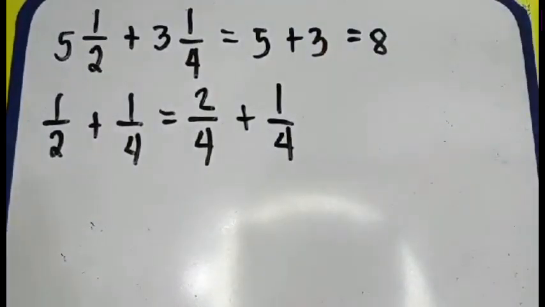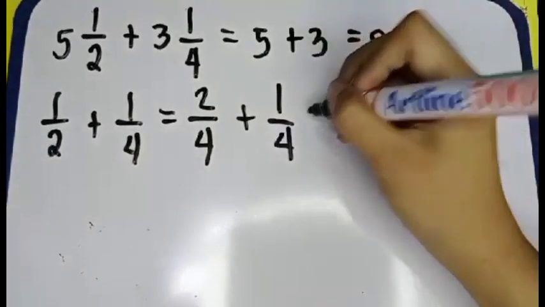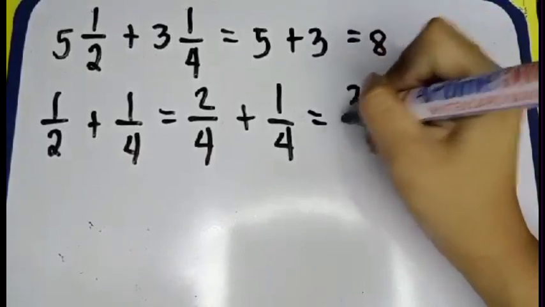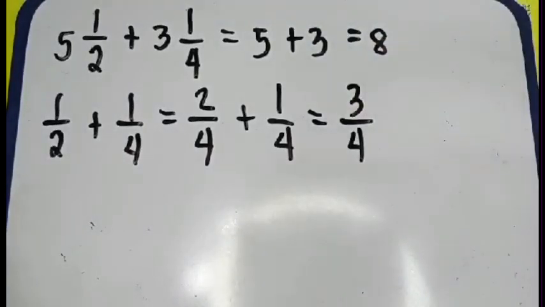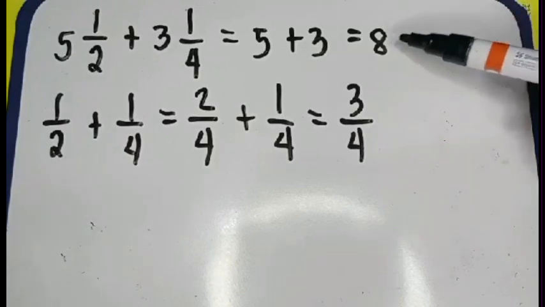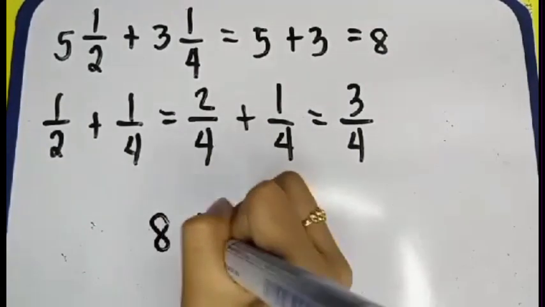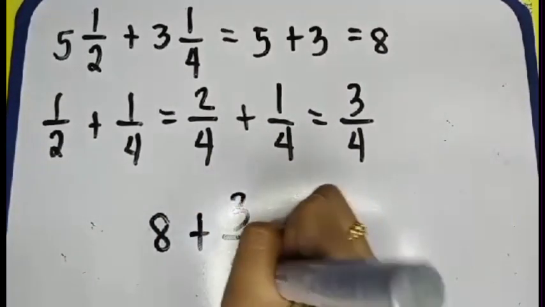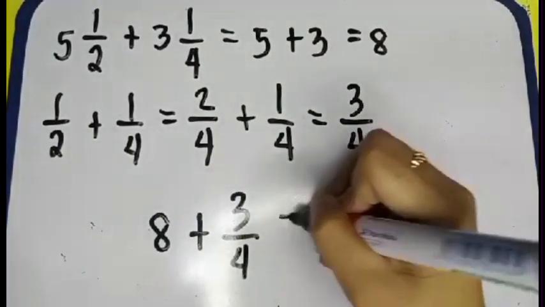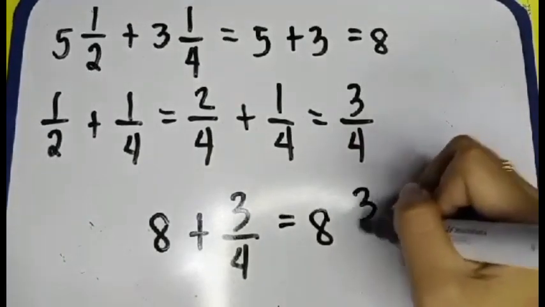Now that both fractions have the same denominator, let's add our numerators. 2 plus 1 is equal to 3. Then copy the denominator. Then, we can now add our whole number to our fraction. So, 8 plus 3/4 is equal to 8 and 3/4.